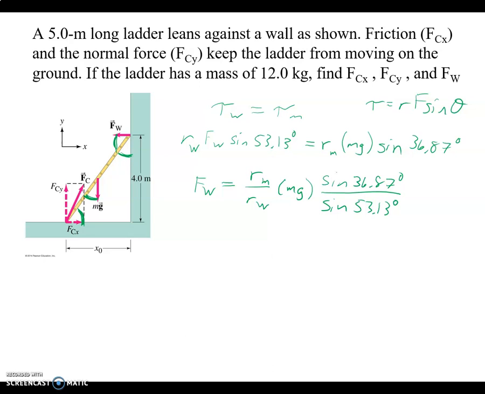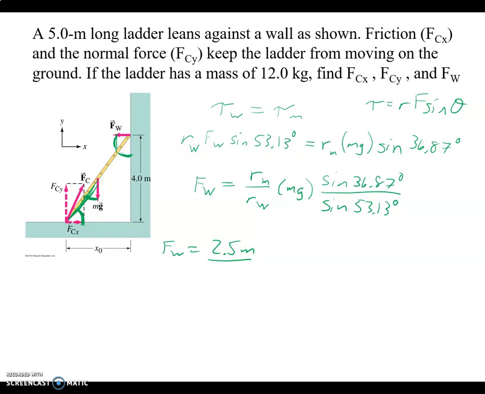All right. So R_m, how far away is the center of mass from the bottom, from our pivot point? Well, the ladder is 5 meters long. Therefore, its radius is half the way, therefore 2.5 meters.